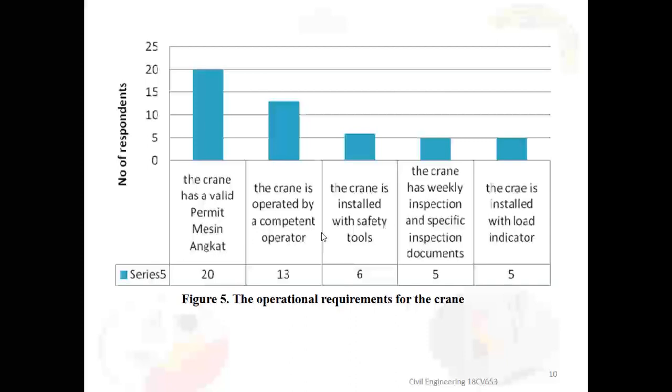The crane is weekly inspected with specific inspection documents, 5. The crane is installed with a load indicator, it was 5. These are the operational requirements of a crane, so at least a minimum of 5 is the requirement.